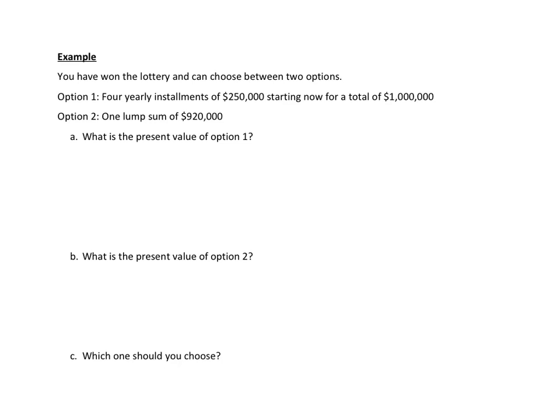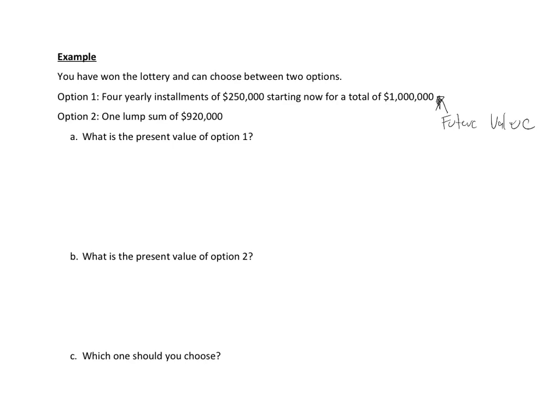So we're trying to answer a few things here. This $1 million is actually a future value, right? And in fact, each of those payments of $250,000 are future values. But this one lump sum of $920,000, you're getting that today. So that is a present value.